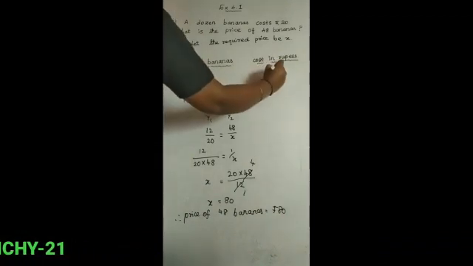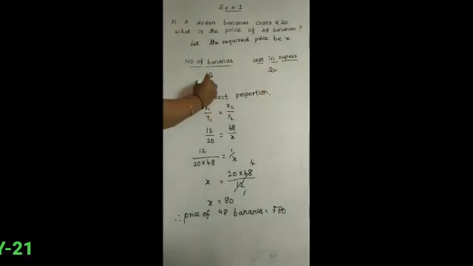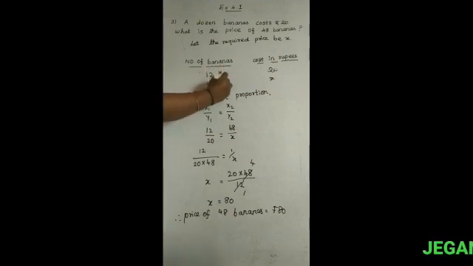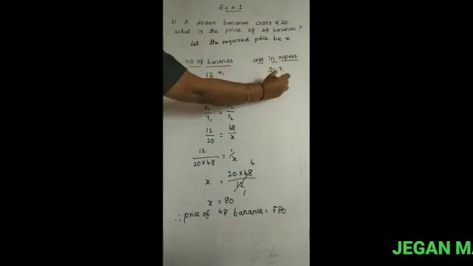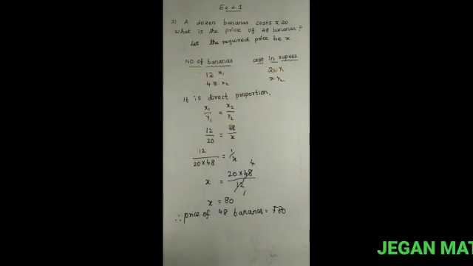Then 48 bananas cost is, then you write this one. So here this is x1, x2, then y1, here y2. So the third one answer is price of 48 bananas is equal to rupees 80.